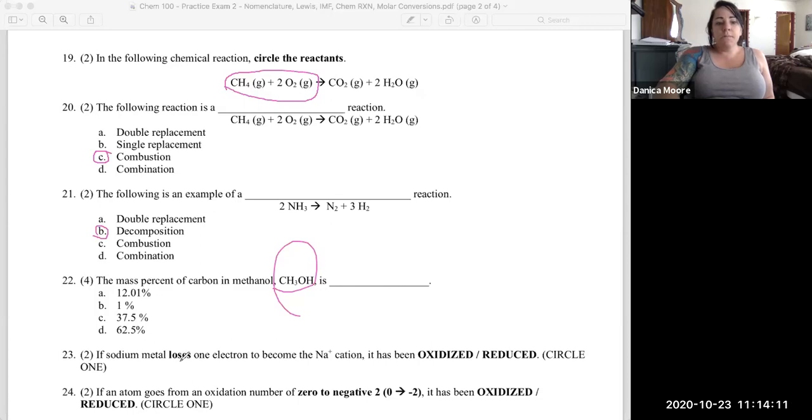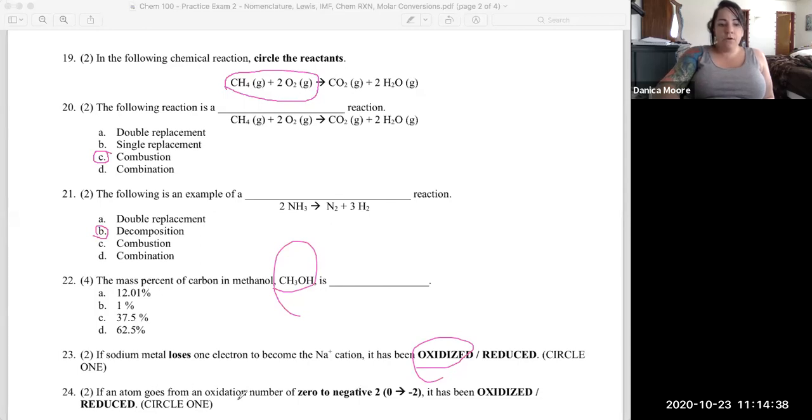If a sodium metal loses 1 electron to become Na plus cation, it has been oxidized. Oxidation is loss, reduction is gain. So if we lose an electron, we're oxidized. If we gain an electron, we are reduced. Everybody cool with that? Cool.